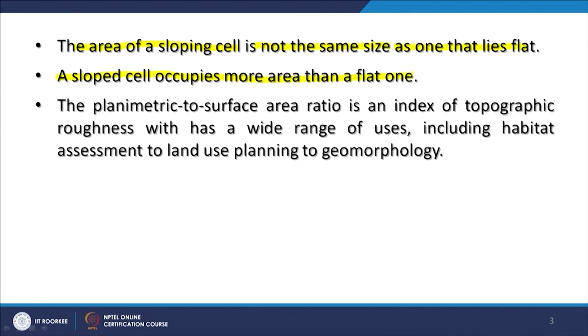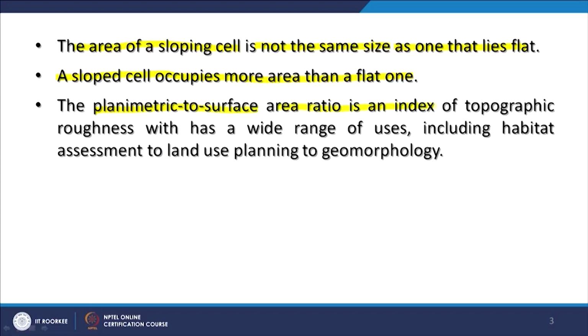So we can give a new term. When we say flat, we are talking about a planimetric surface, which means a flat surface in a horizontal plane. Whereas when we say surface, we are talking about an inclined surface.